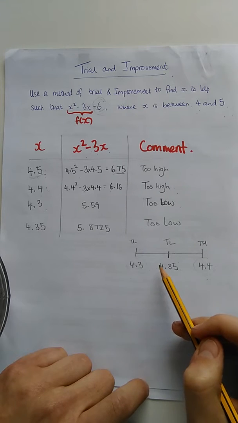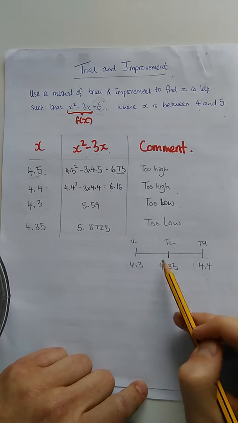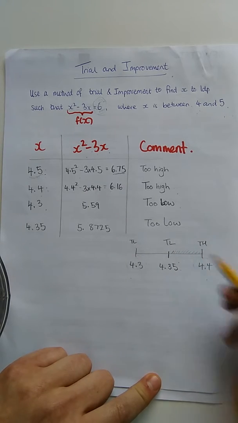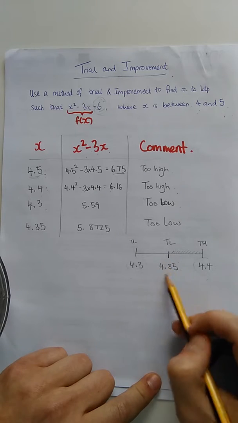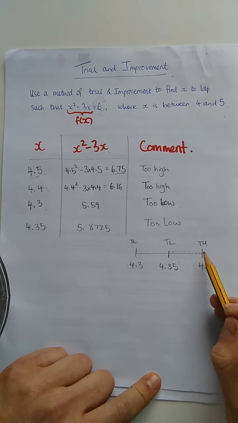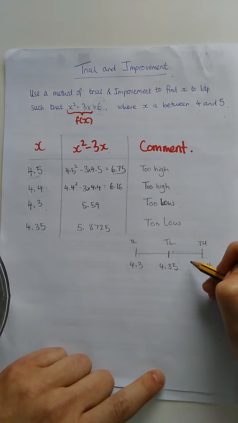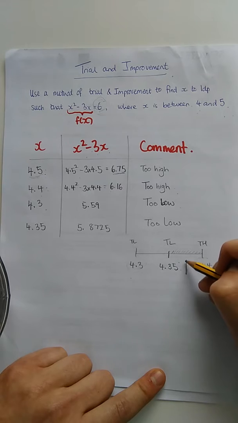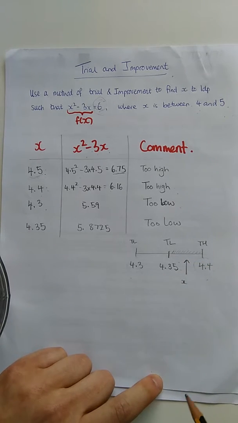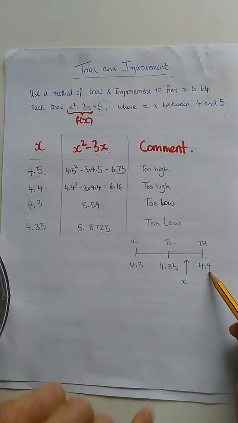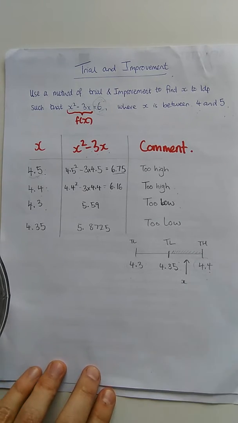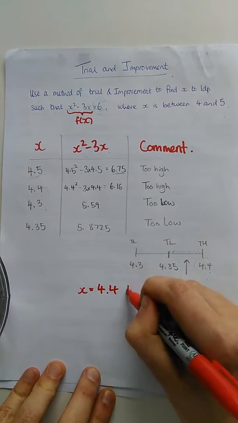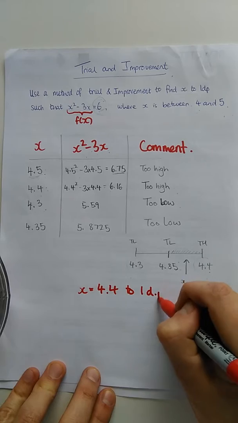So I can now tell from this that the true value of x must lie somewhere in this region, because 4.35 is too low and 4.4 is too high. So because I want my answer to 1 decimal place, I know that the true value of x lies somewhere in there, so I would round up to 4.4 to 1 decimal place. So therefore, x equals 4.4 to 1 decimal place.